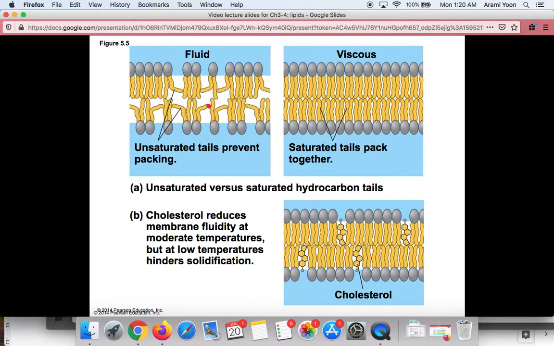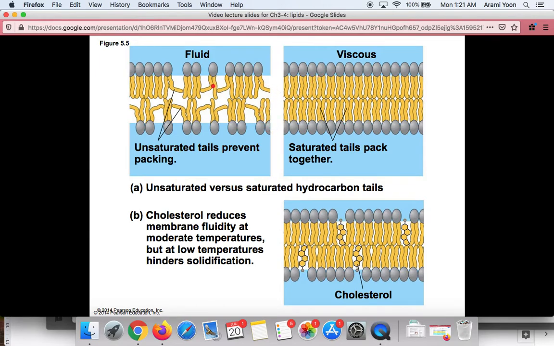When the phospholipids are too fluid, the cell membrane will fall apart, and that cell is not going to be stable. Over here, the phospholipids are too viscous, so they have only saturated fatty acid chains. They're packed too tightly together, and they're not fluid enough to allow substances to cross in and out naturally. And so this cell is also not going to make it.